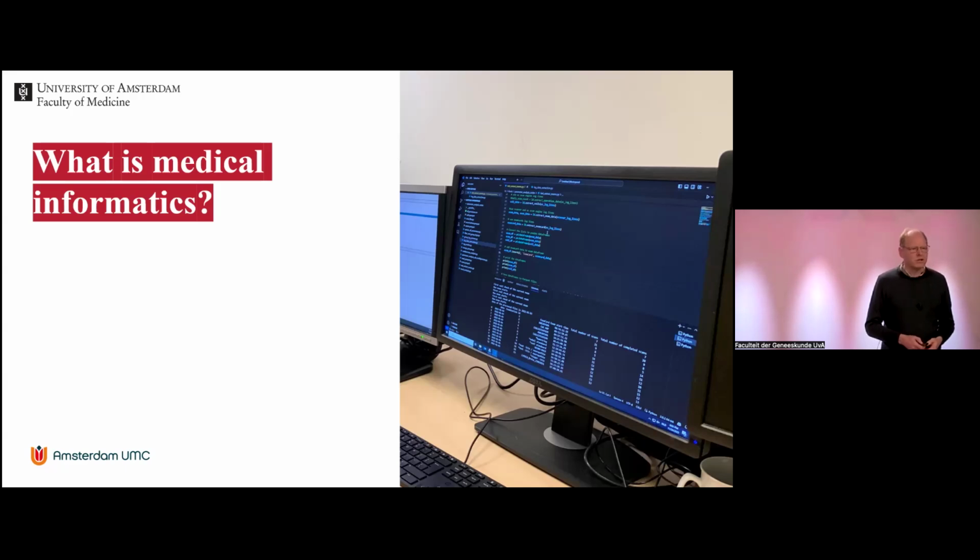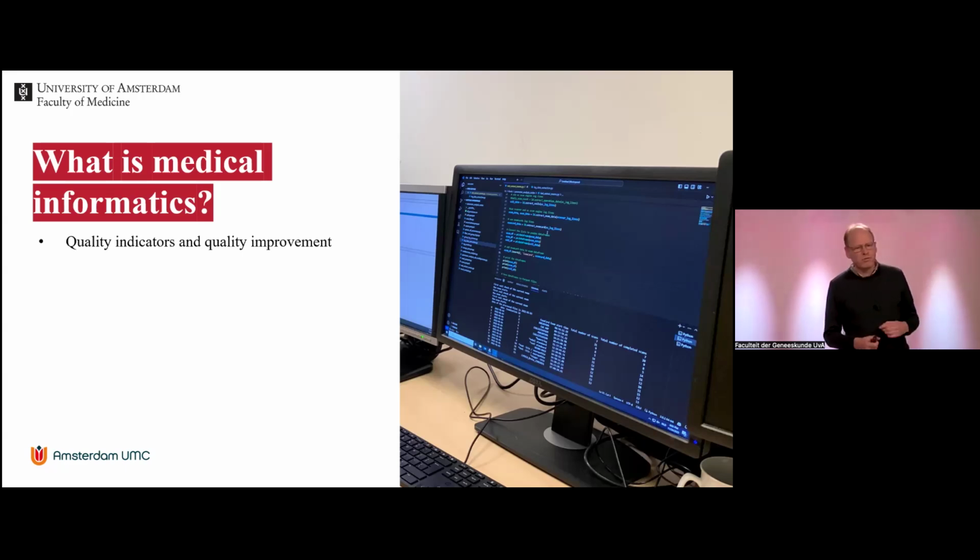To give you a few examples of things that we study, we try to improve processes in healthcare by formulating quality indicators. In that way, we can improve the quality of care, and we try to do it in such a way that healthcare providers can actually understand the information and act upon it.